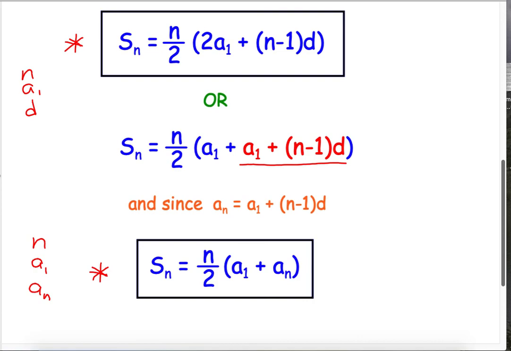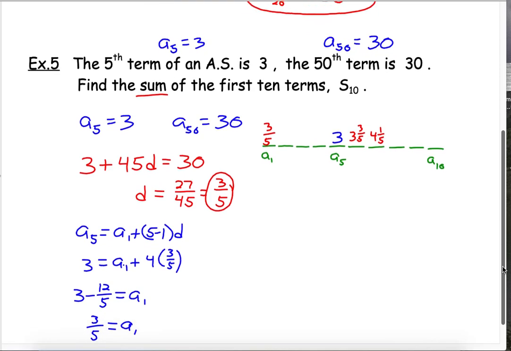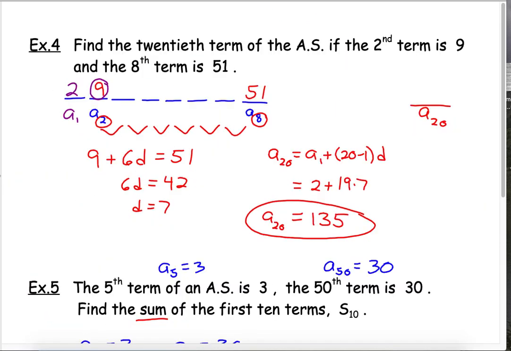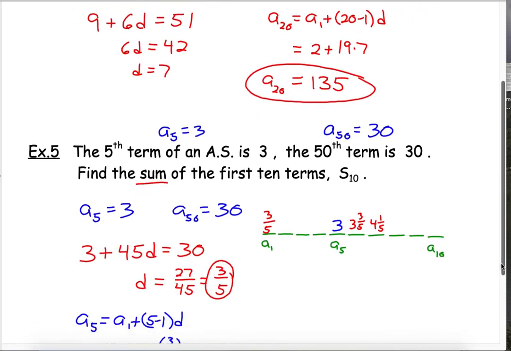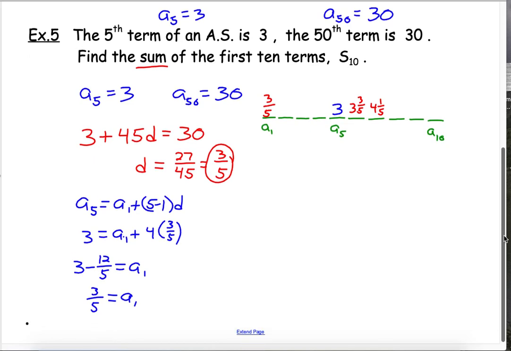So now we can jump back to this problem that we were working on. There it was. The fifth term of an arithmetic sequence is 3, and the 50th term is 30. So where were we at? We were trying to add up the first 10 terms. Well, what did we know?